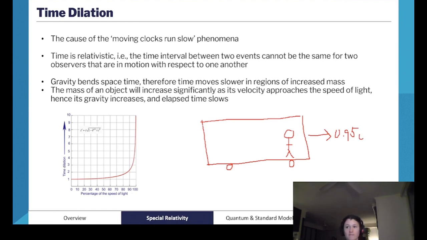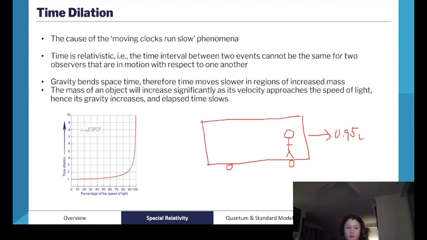It's traveling very, very fast. This, of course, is a hypothetical situation. We can never get anything of that significant mass traveling that fast, but we can get them traveling fast enough that with super precise instruments we can actually still measure the differences. But of course, this is just a hypothetical.